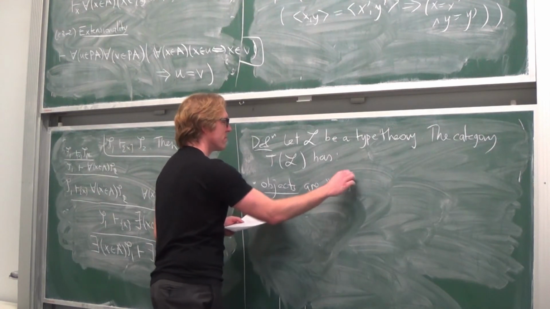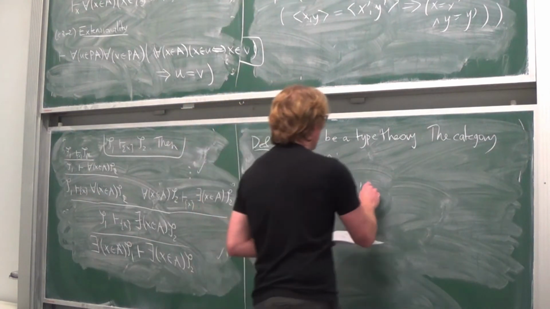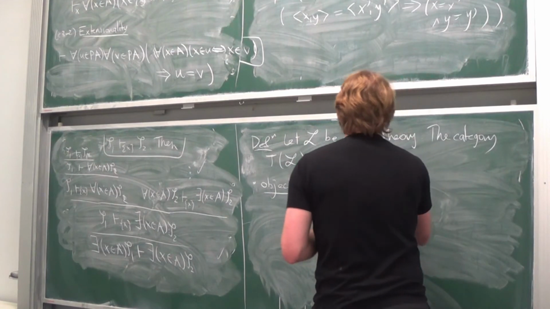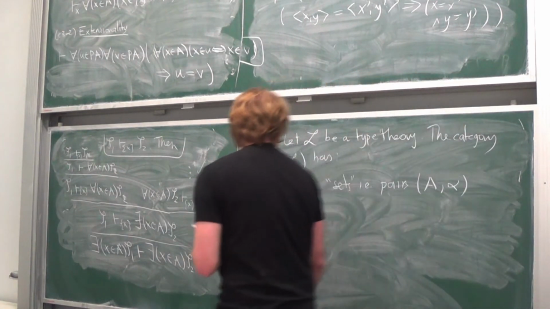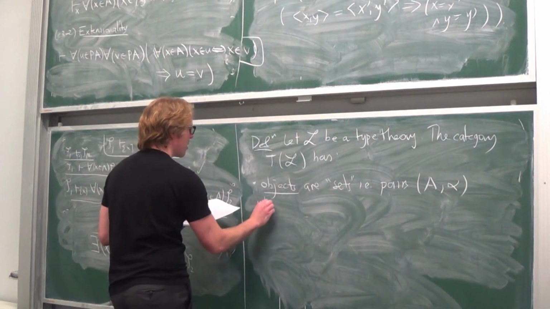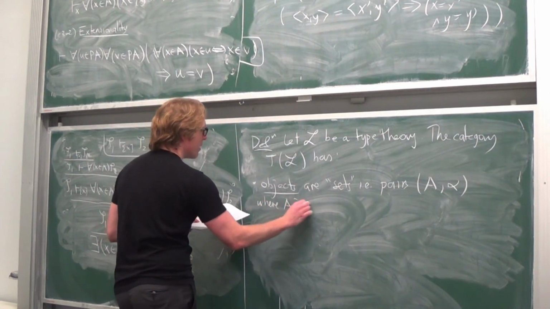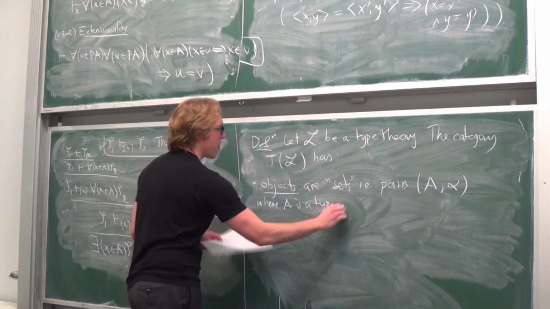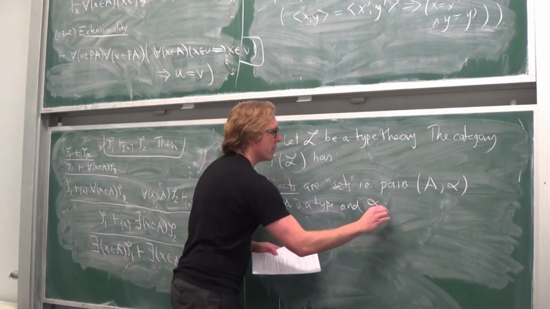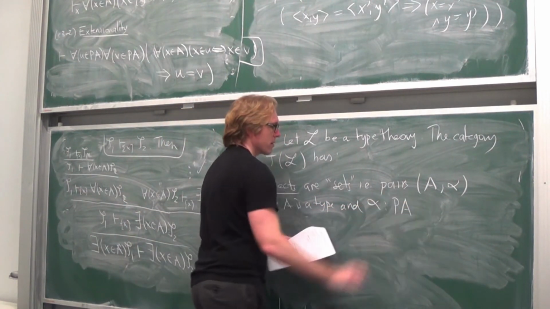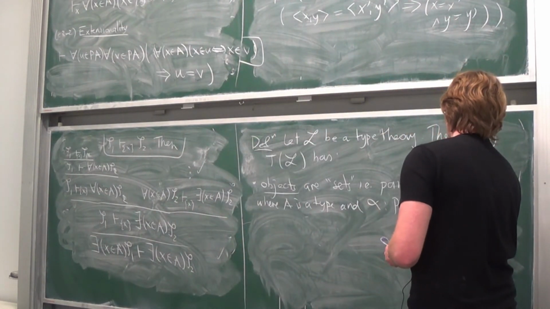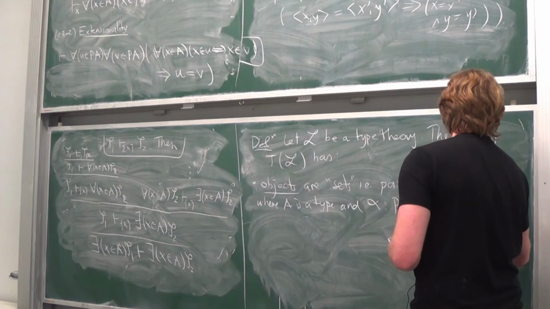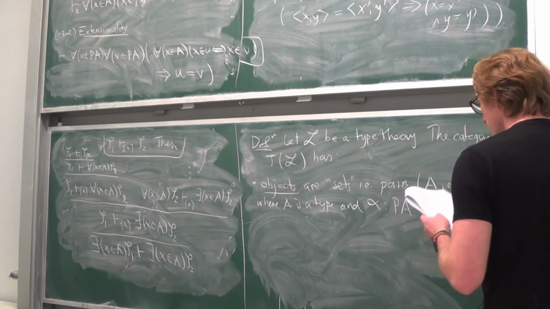We think of those as sets, so they're pairs (A, alpha), where A is a type and alpha is a closed term, that is a term with no free variables, of type PA.